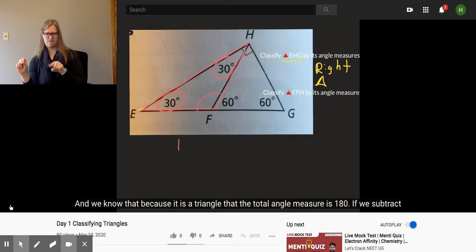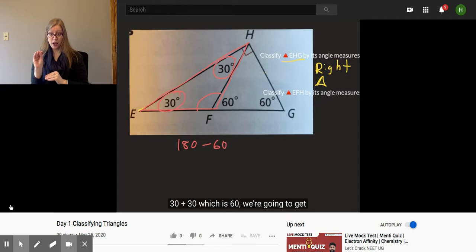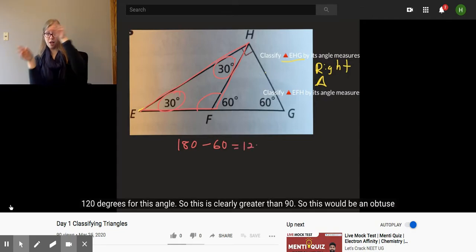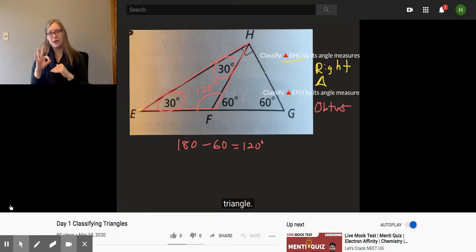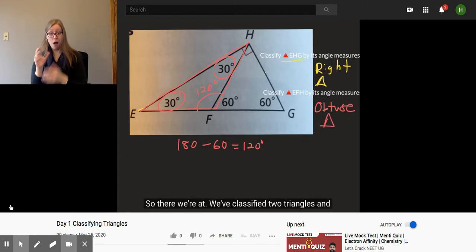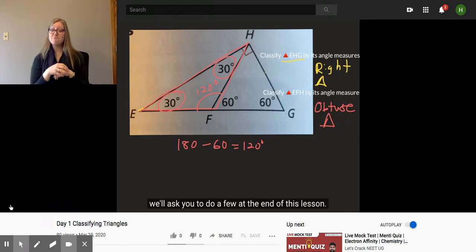And we know that because it is a triangle, the total angle measure is 180. If we subtract 30 plus 30, which is 60, we're going to get 120 degrees for this angle. So this is clearly greater than 90, so this would be an obtuse triangle. So there we have it. We've classified two triangles, and we'll ask you to do a few at the end of this lesson.